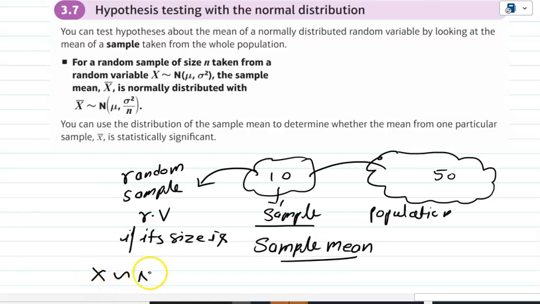the normal distribution is given by mu and sigma square.